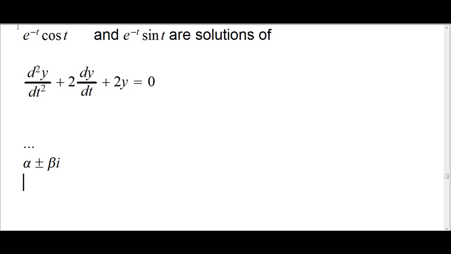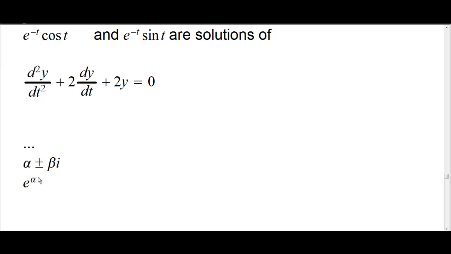See, if you get alpha plus minus beta i as the roots of that, you call it the auxiliary equation, but let's not inundate ourselves with vocabulary. So if you get this as the solution of the equation that you got, then what you can deduce is this, and on the test you can directly use it, all right?